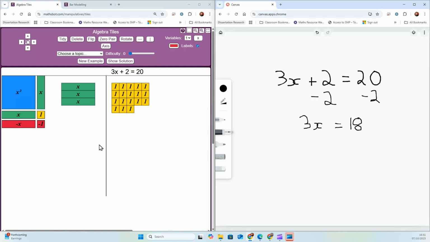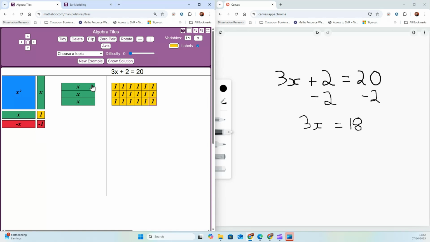And so now it's about, okay, if these 3x's are equivalent to these 18 remaining ones, how many of those ones is equivalent to each x? And what we can see here very quickly is, by simply rearranging these ones so that they form three rows, just like the 3x's do, each of these x's must be equivalent to 6 of these ones.